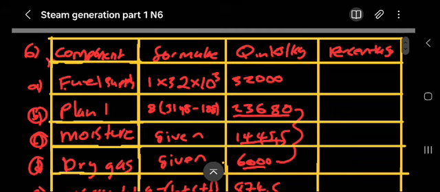Now the percentage for the fuel will be 100%. We start by 100%. 3200 divided by 3200, multiplied by 100, that would be 100%.